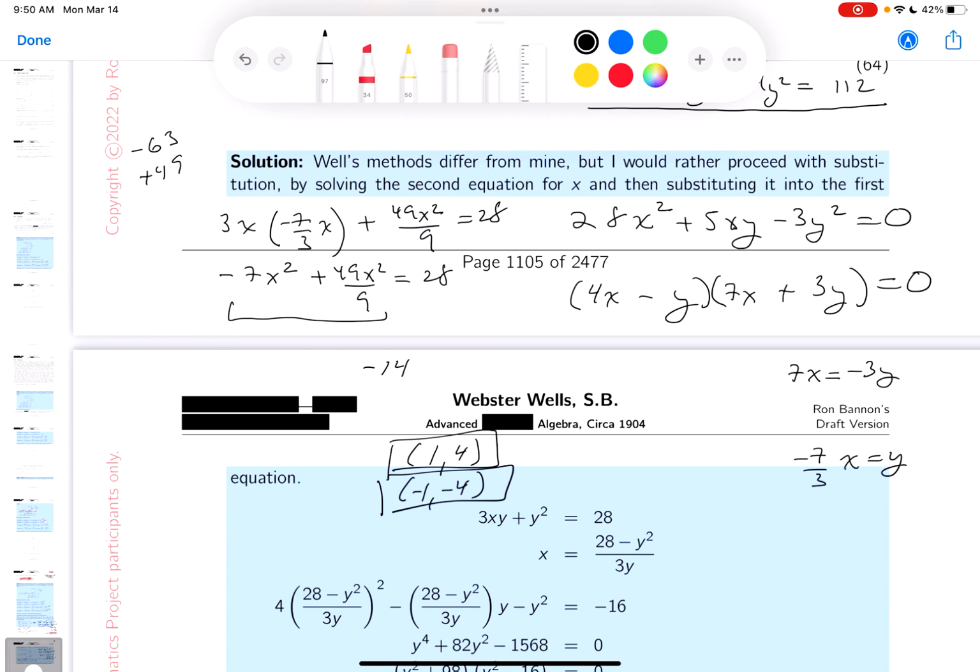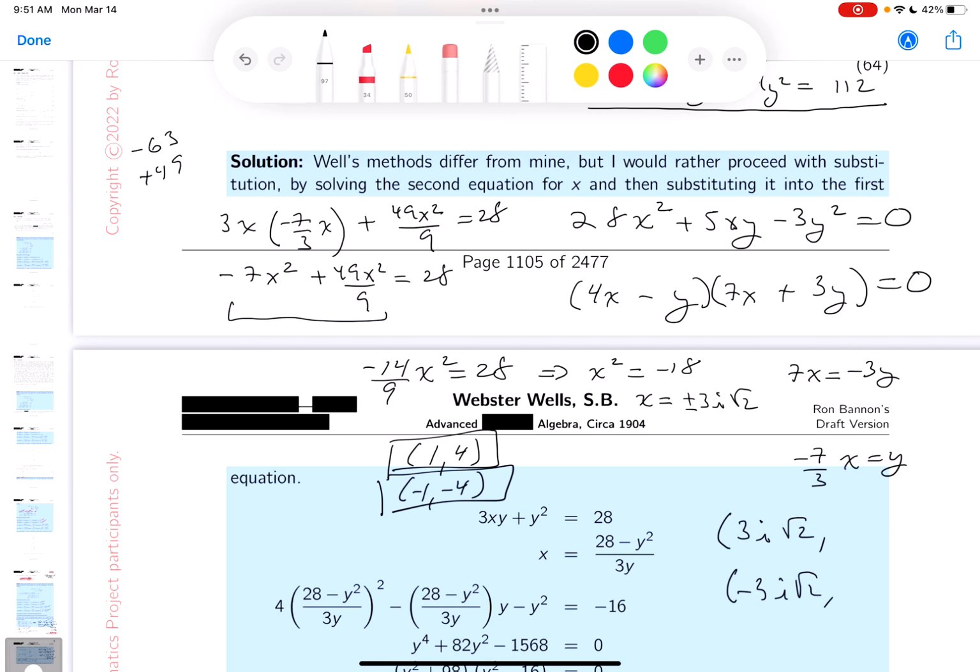Let me make sure I did that right. 63, yeah, minus 14 over 9 x squared equals 28. Don't be alarmed. I'm going to keep moving forward. What do you get over here? Well, x squared is equal to, looks like, minus 18. And that means x is equal to plus or minus the square root of minus 18, which is going to be 3i root 2. I'm going to write that down for you. So 3i root 2, comma, and minus 3i root 2, comma.